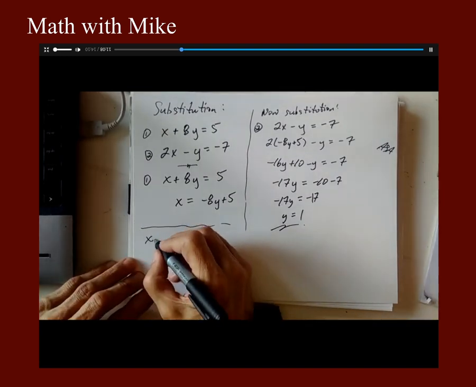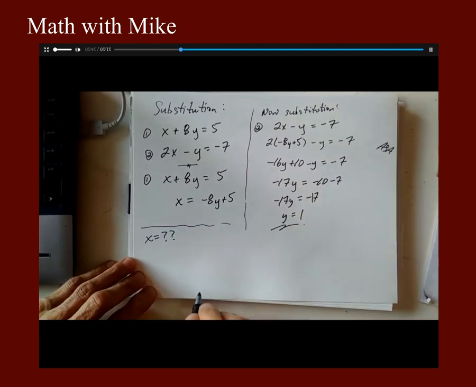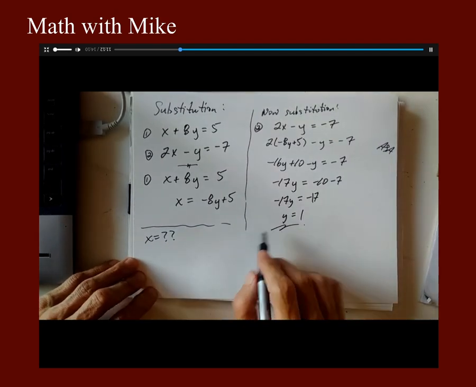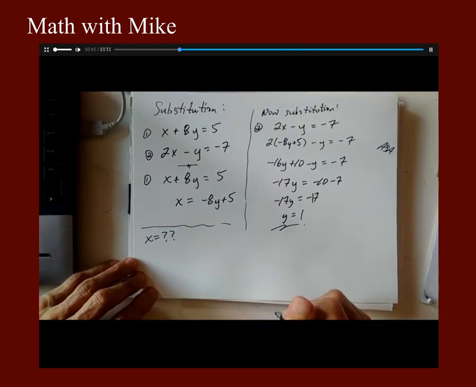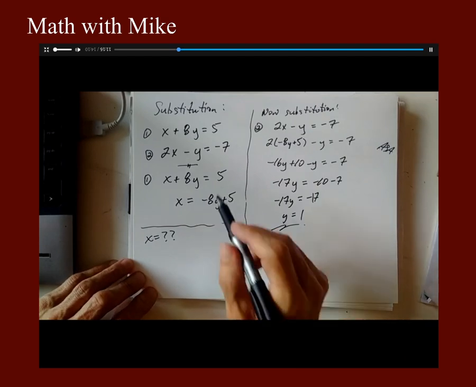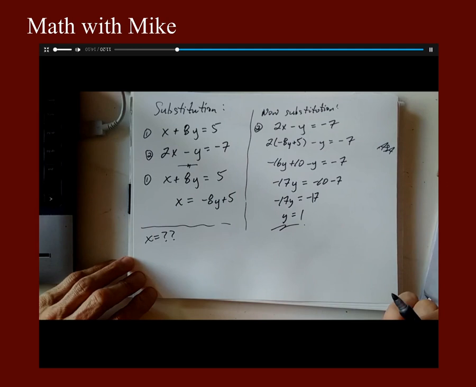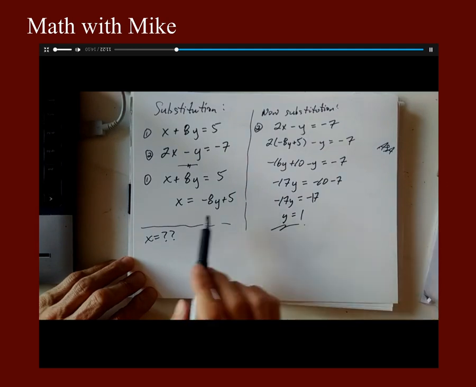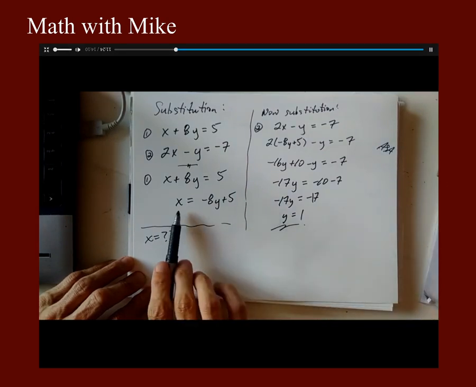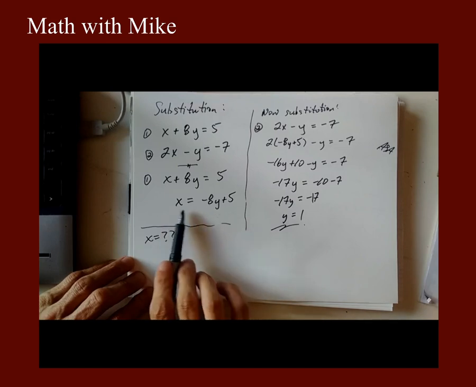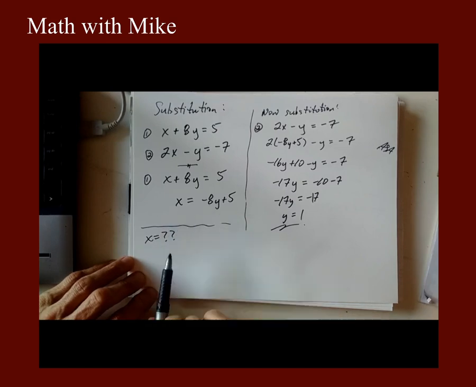Okay, so we've got to figure out what x is now. We got the y, need the x. So, yeah, I can go back to one of the original ones. And honestly, if you're comfortable, you can go back to what you solved for x in part 1. See? That will find it directly.